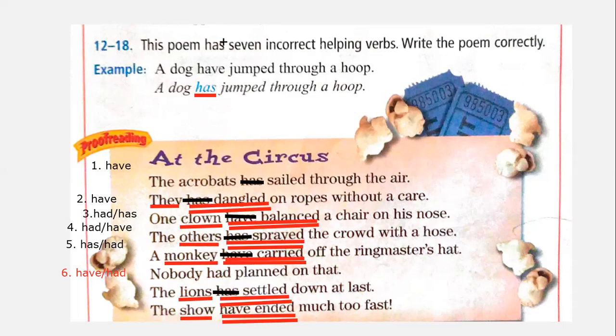So what are the options that we have for singular subjects? Let's work on this. How can we fix this sentence? The show, we can say the show has, good. The show has ended much too fast. We can also use the show had ended much too fast. And again, I don't want you to overdo the had, okay?